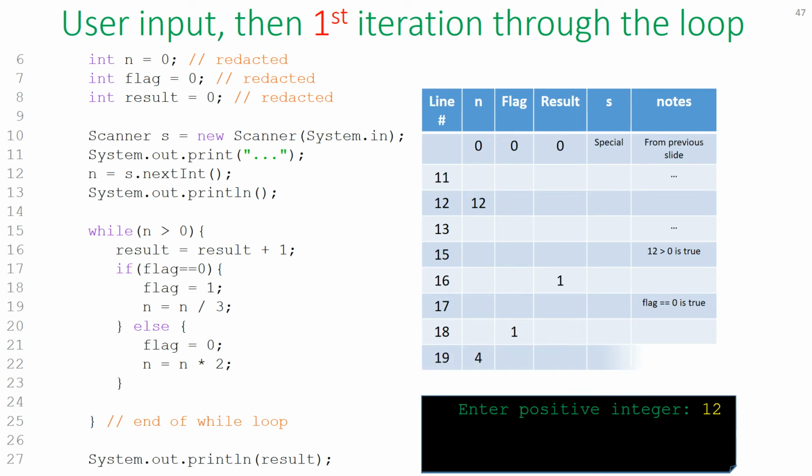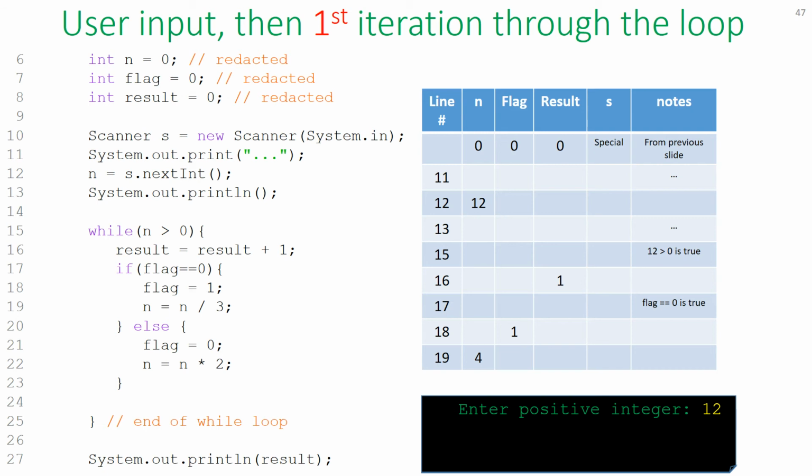Line 19, n is equal to n divided by 3. So watch out. In programming, we don't care only about values. We care about values and their data type. So n is an int. N currently is 12, okay? 12 divided by 3, 12 is an int, 3 is an int, that's 4 as an int. That's why I put a 4 here. This is what I end up assigning to n.